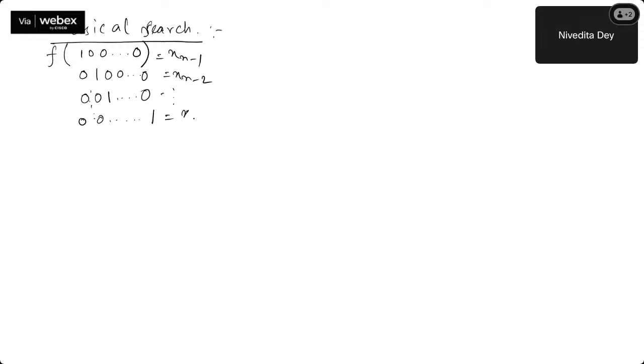Likewise, this one is x0. So in the classical one, in the worst case, what maximum number of queries might be required? For this case we might need a maximum of n queries, because every position can be either a 0 or a 1. So likewise, we have to check all the positions, and wherever we get the value, accordingly we can tell that this is the case.